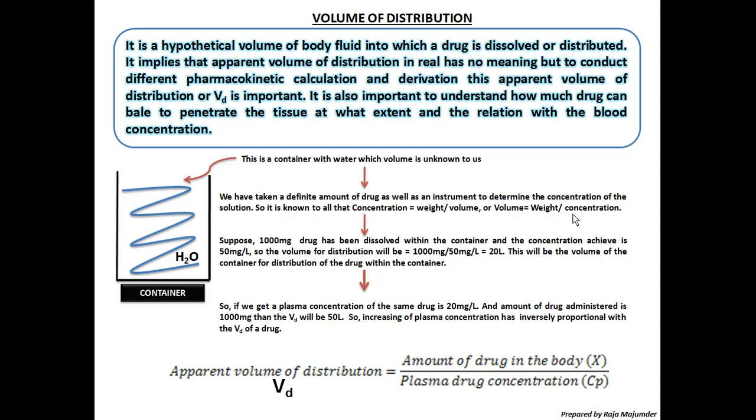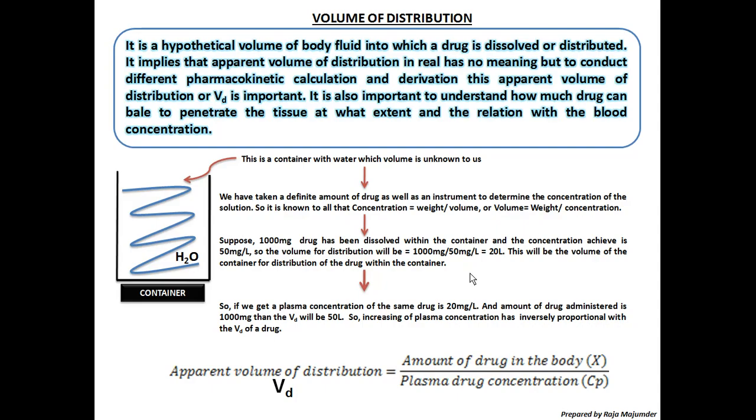Suppose 100 mg of drug has been dissolved within the container and the concentration achieved is 5 mg per ml. Whenever we get the concentration, we are able to determine the volume of distribution. It is nothing but volume equals weight by concentration. The 100 mg we took earlier as a definite amount of drug, divided by the concentration.